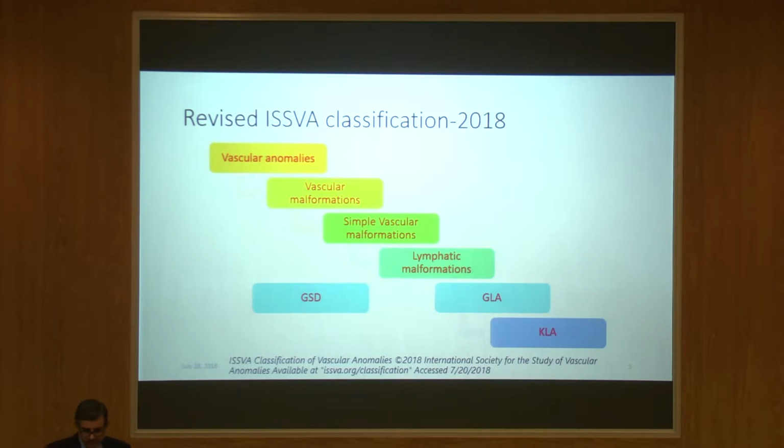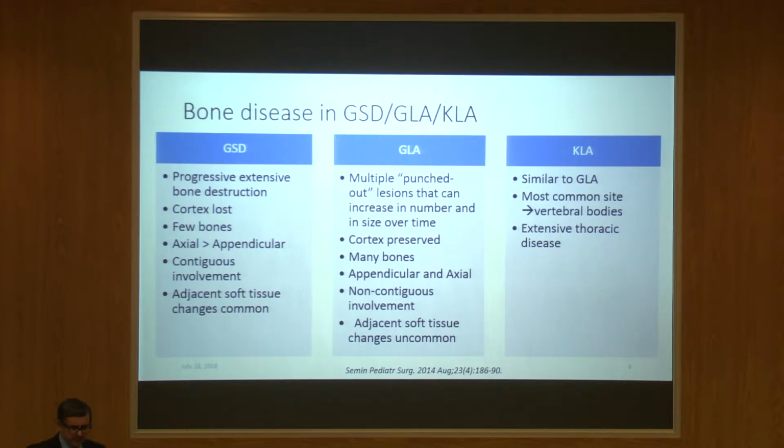This slide shows that the most recent revised ISSVA classification of vascular anomalies now includes KLA as a subtype of GLA. This has been discussed previously in yesterday's session about the distinction of the bone disease in the different types of complicated vascular anomalies that are associated with bone involvement.